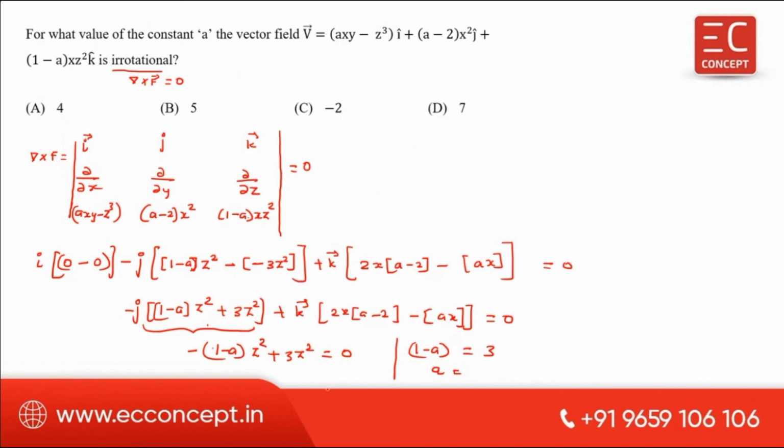Okay, this is plus. Here the thing is you have to only equate the coefficient of j, not the sign. So this is 1 minus a, then this goes to this side, then it becomes negative. Therefore the answer a is equal to 4.